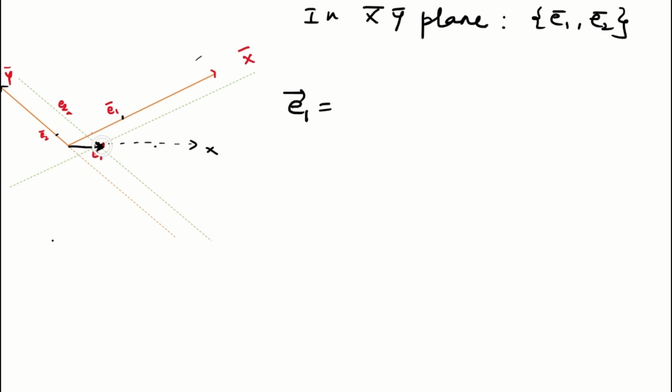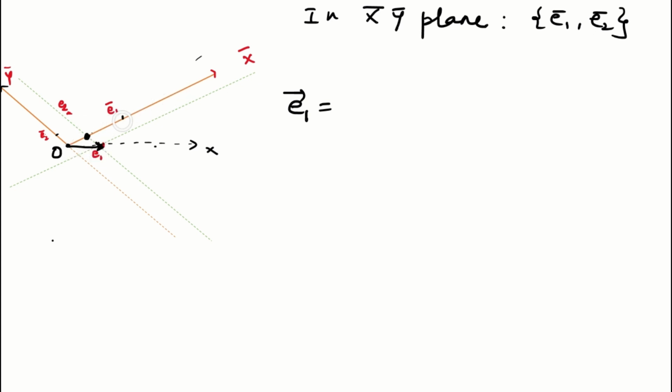Let's make a line on the x bar axis. When you make a line on the x bar axis, the line has to be parallel to the y bar axis. So the dotted green line is parallel to the y bar axis, and where it meets, at this point. From O, the origin, to this black dot, this much length is the component of E1 along the x bar axis.